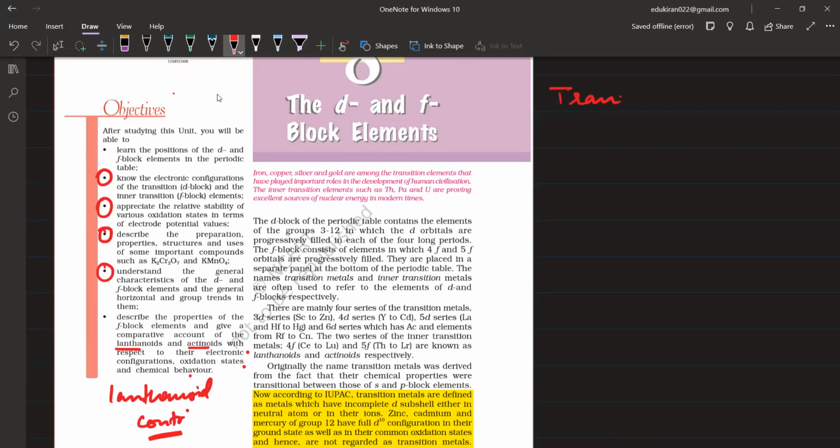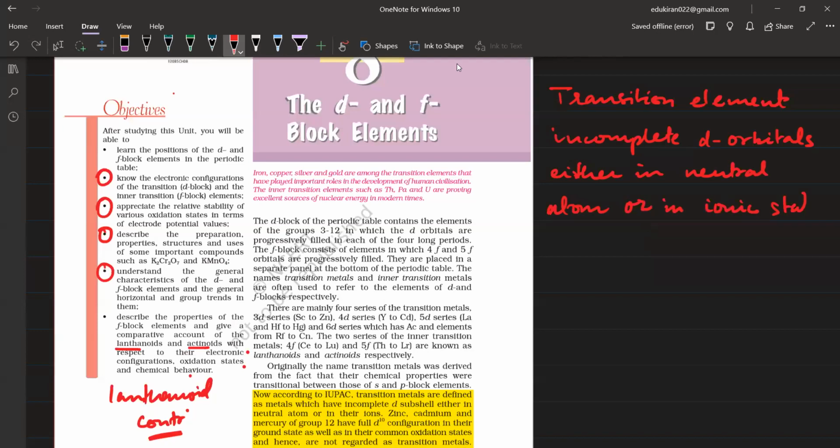What are transition elements? So transition elements are the elements which have incomplete d orbitals either in neutral atom or in ionic state. ठीक है, तो दो कंडीशन है, दोनों में से कोई एक भी फुलफिल हो जाए तो क्या हो जाएगा आपके पास, that is a transition element. दो कंडीशन में से पहला कंडीशन क्या है?